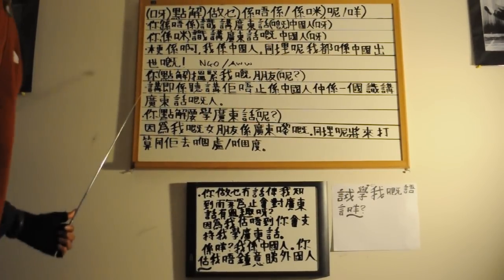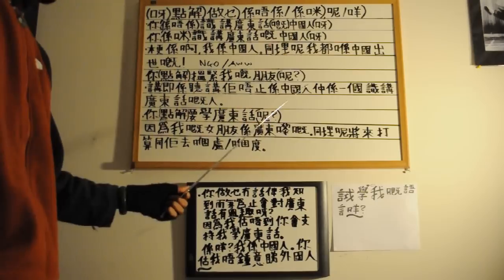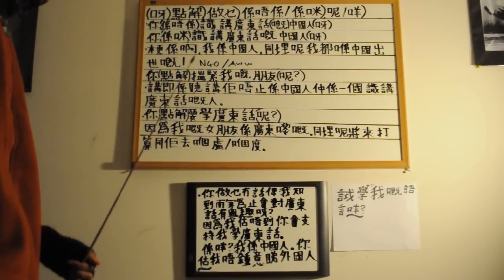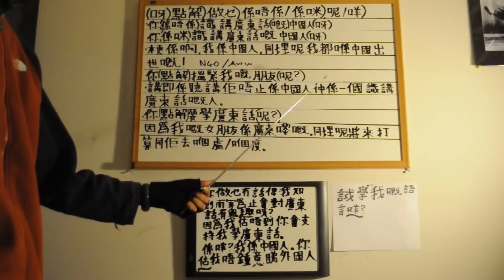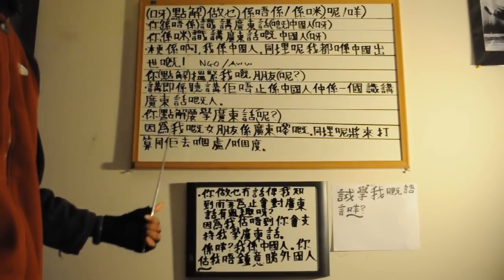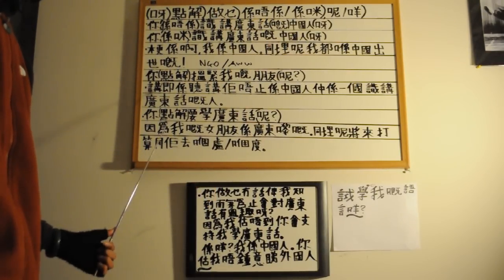Okay, that's just a response. It's just that I heard that not only is he a Chinese person, but he's also a person that knows how to speak Cantonese. That's our translation here.